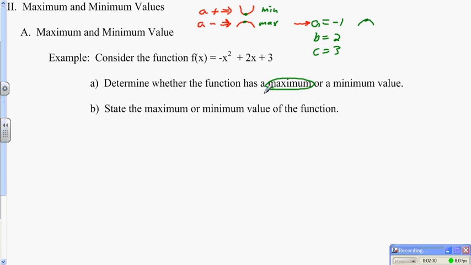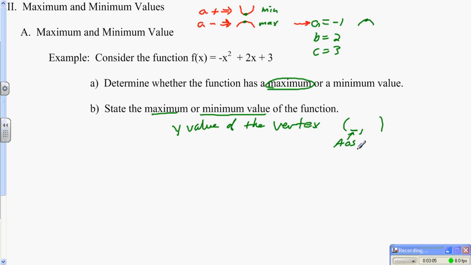Now what is the maximum or minimum value? Well, to do that, we need to find out the line of symmetry. The maximum or minimum value of the function is the y value of the vertex. Okay, so we said we could find the vertex if we knew the axis of symmetry.